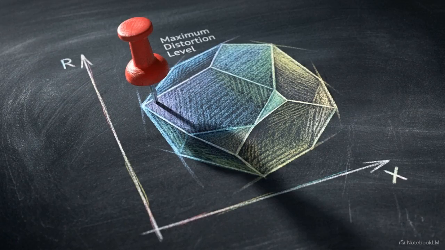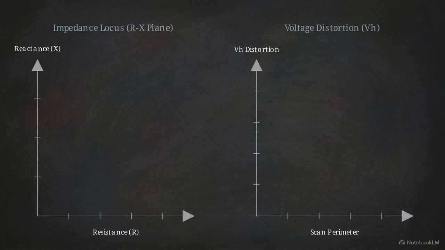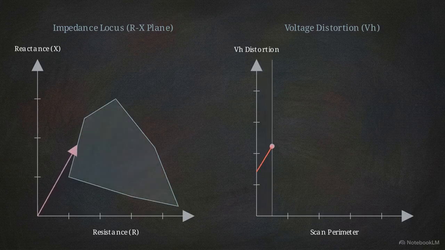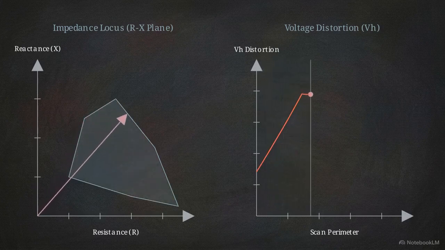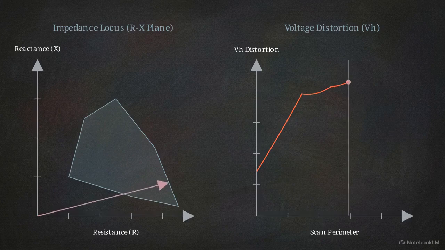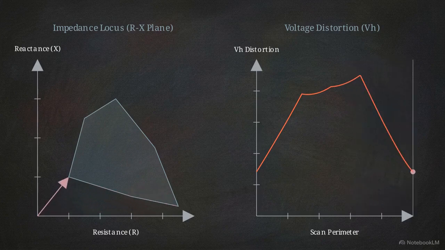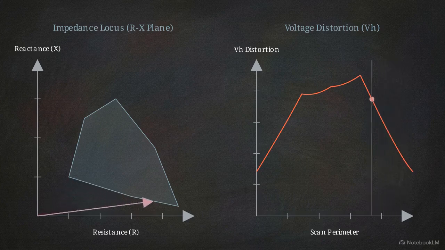G5/5 requires that compliance be proven for the absolute highest distortion point found anywhere on the locus. This requires scanning the entire perimeter of the locus polygon to find the specific coordinate that results in the highest voltage distortion. Engineers are searching specifically for coordinates that indicate parallel resonance.